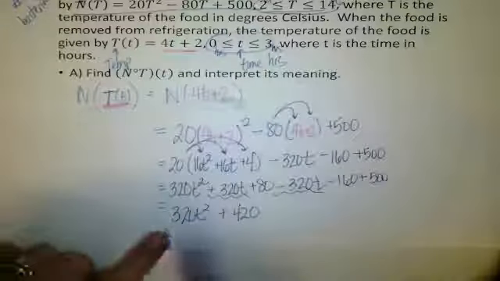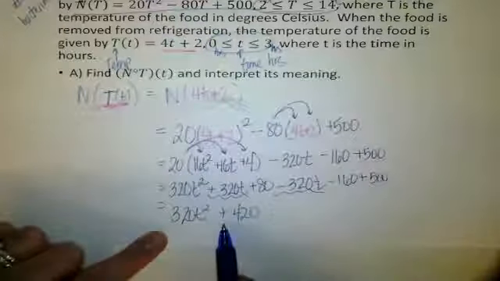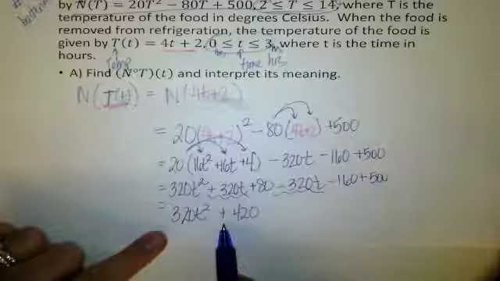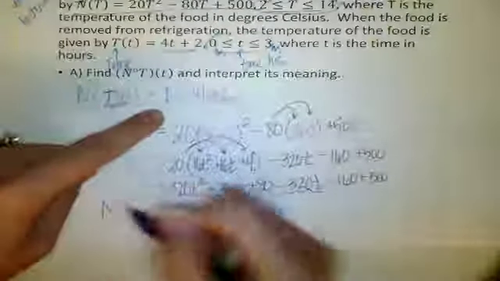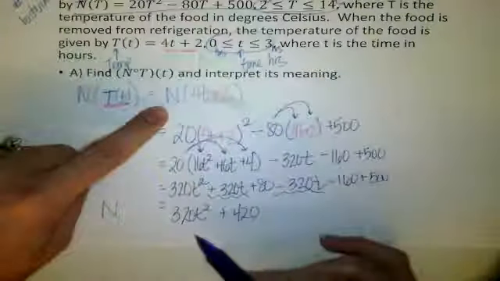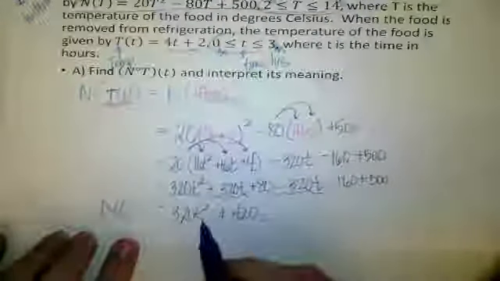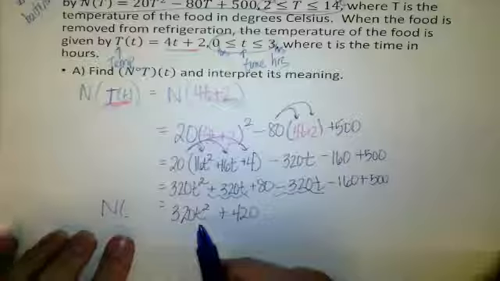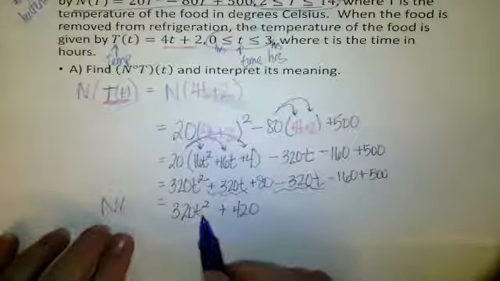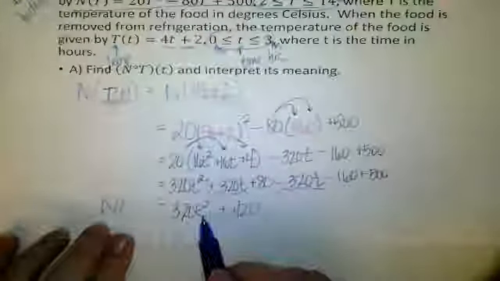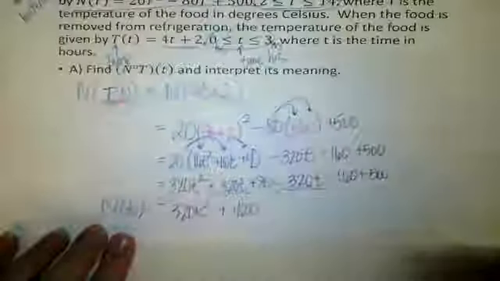So what does this equation give us? The number of bacteria. In terms of what is the variable I see? Little t. Very good.